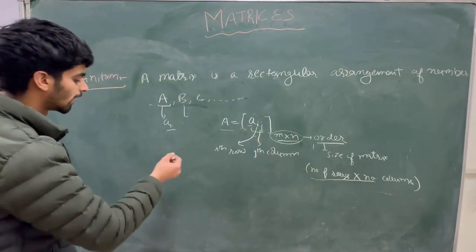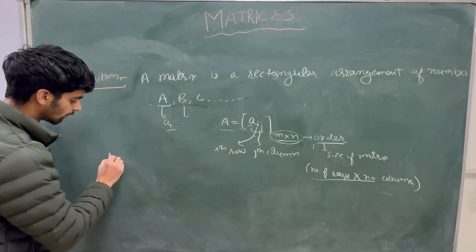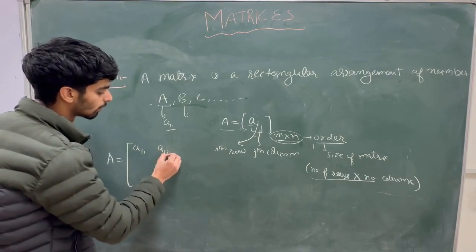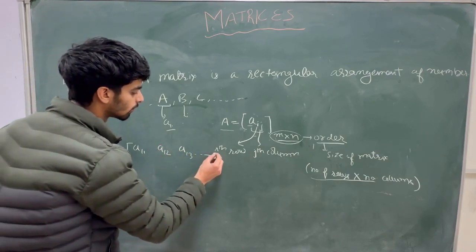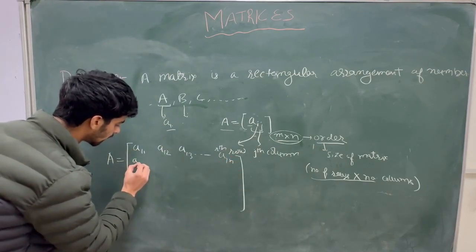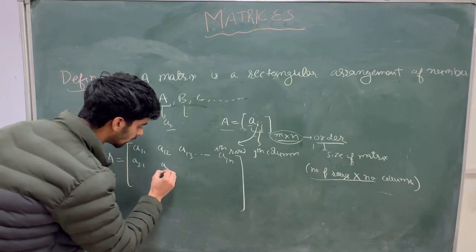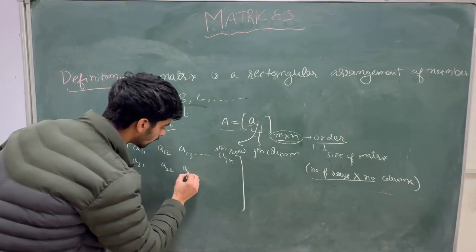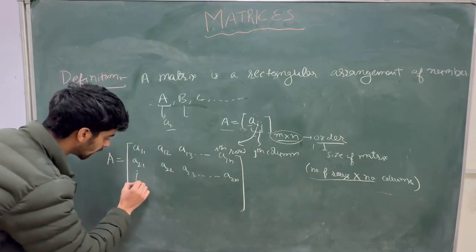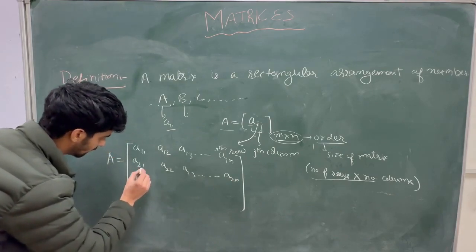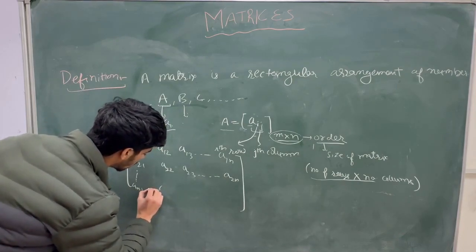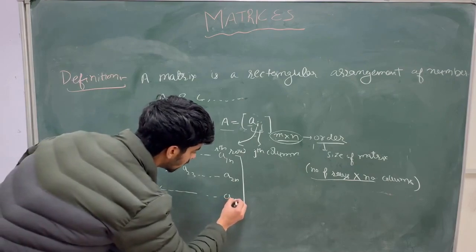Now let's expand this matrix, and we can write here A11, A12, A13 and so on up to A1n, and similarly A21, A22, A23 and so on up to A2n, and here similarly An1 and so on up to Ann.